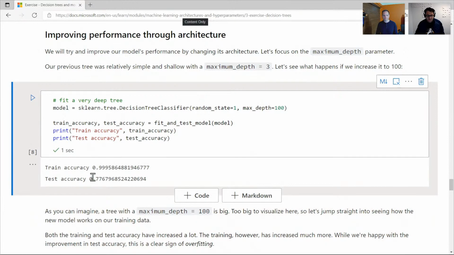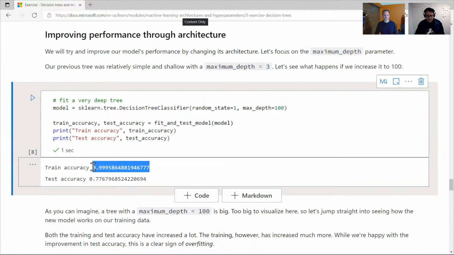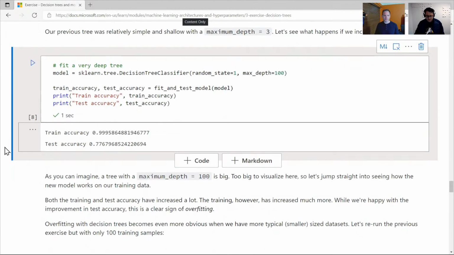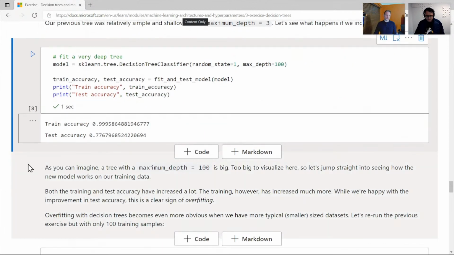The training accuracy looks very, very fit. It's almost classic overfit, like it's a nearly perfect score. And then we've got a test accuracy of 0.77. I think that's a slight improvement on what we had. I think it was 0.6 something from memory. Sure. Yep. I think you're right. Yeah. So it is better, but we also know that we're overfitting. Yeah, for sure.